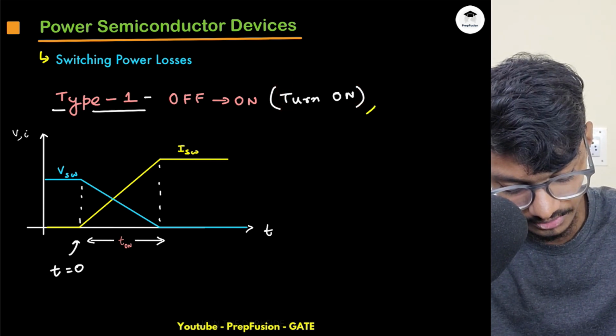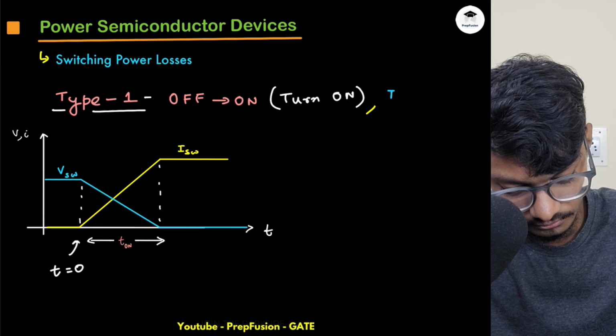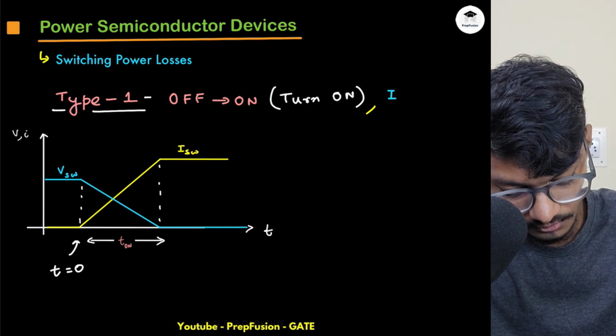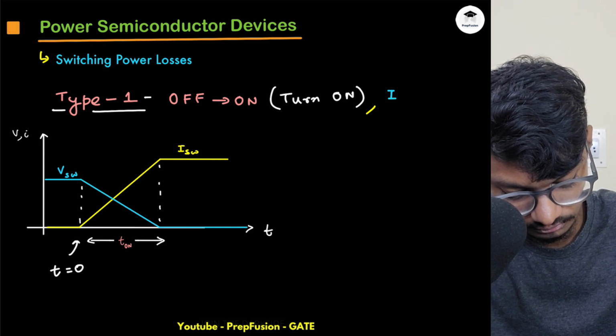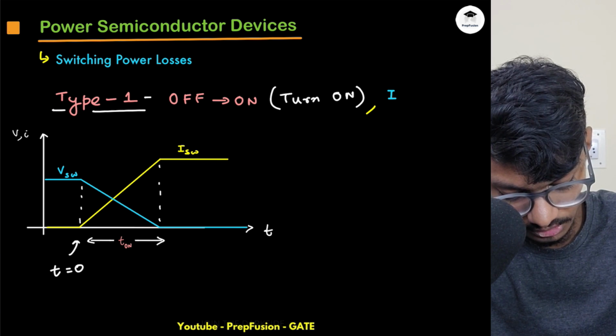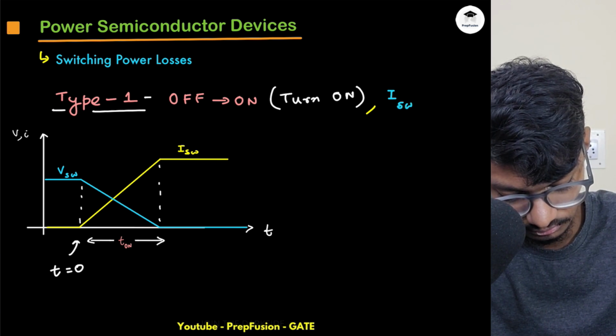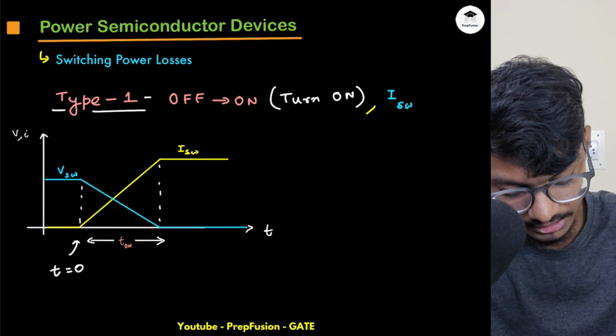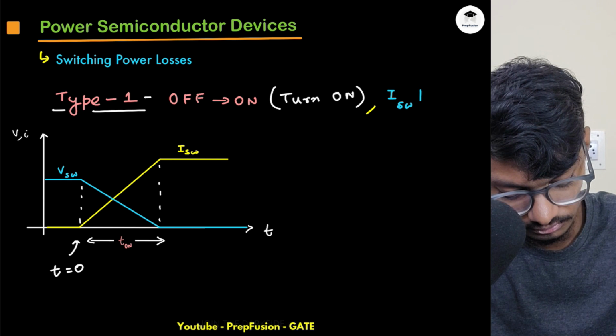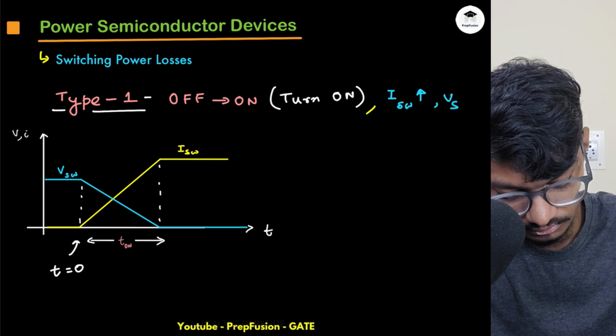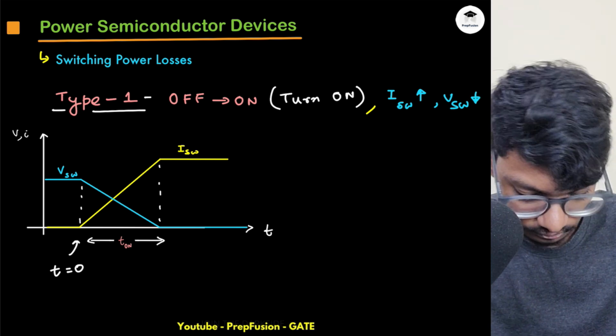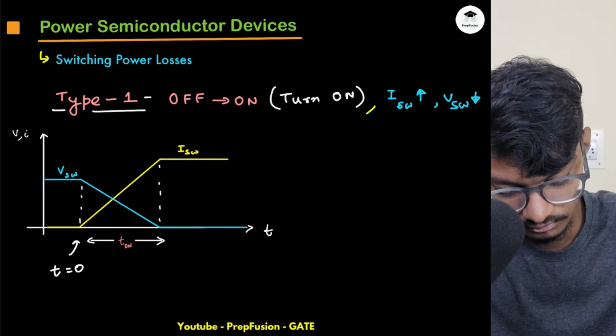So here, current increases and voltage decreases.